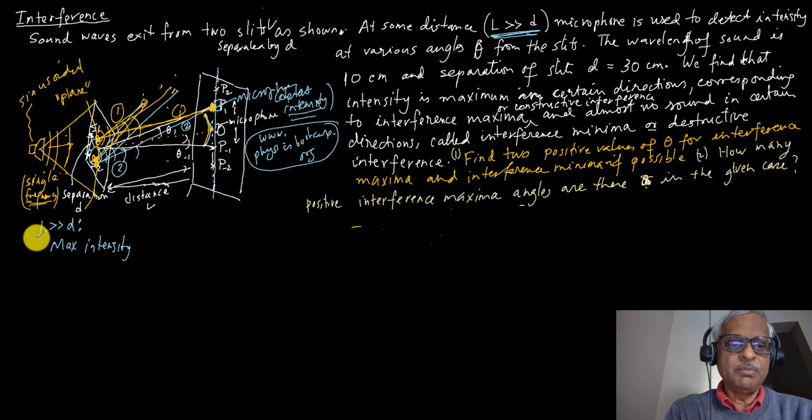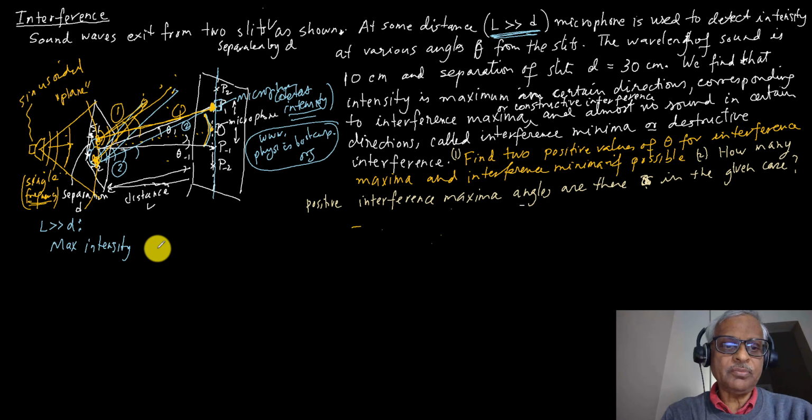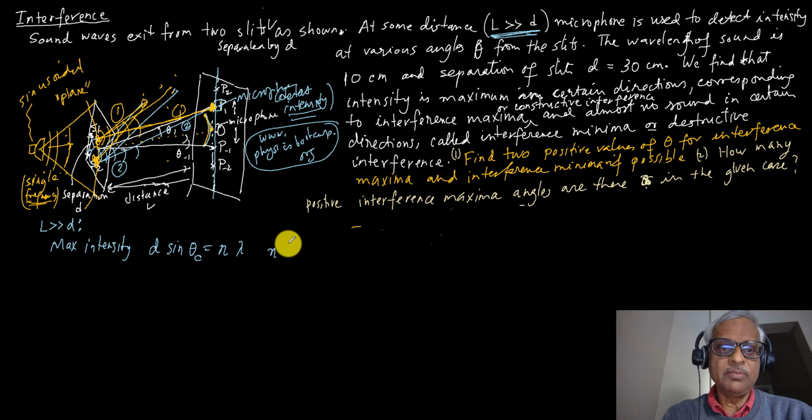In this limit, the directions in which you're going to see maximum will have this formula. We'll call it the constructive directions: d sin theta equals n lambda, where n can be 0, 1, 2, 3, etc.